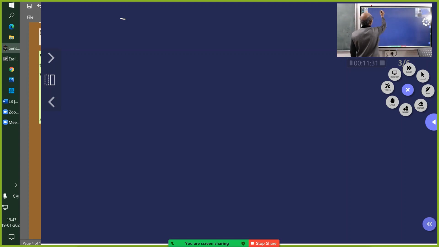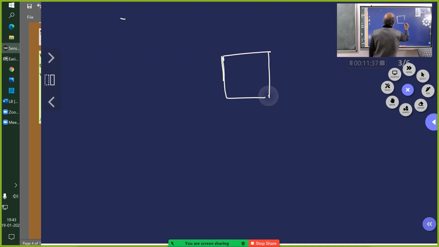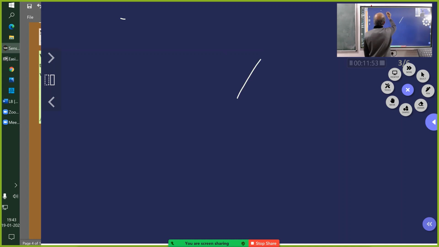So the line is like this. This is AB. One line is like this, another line is like this. So this is A dash and B dash, and this was A and B.